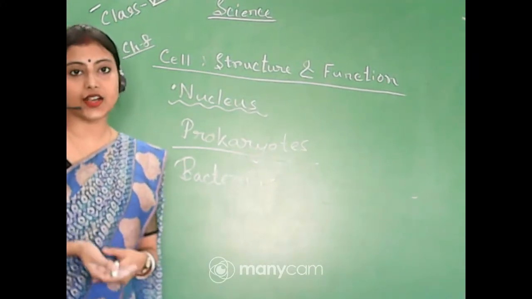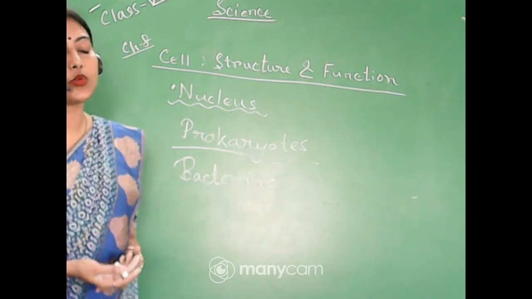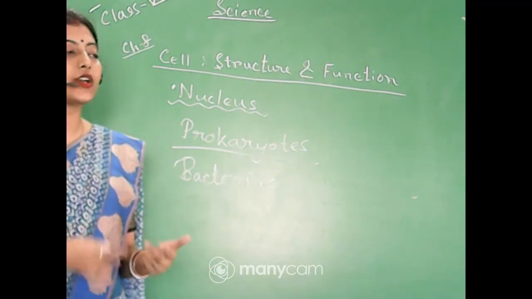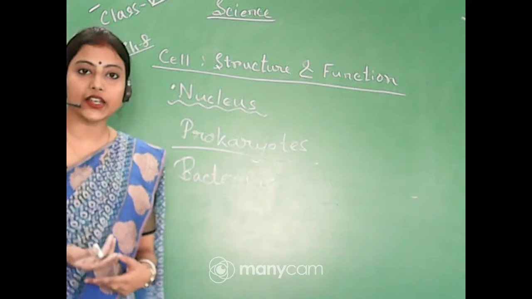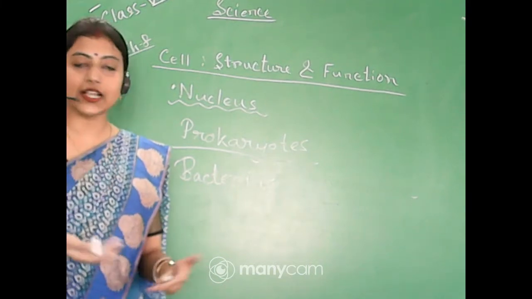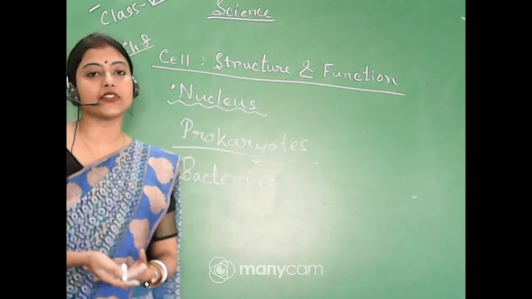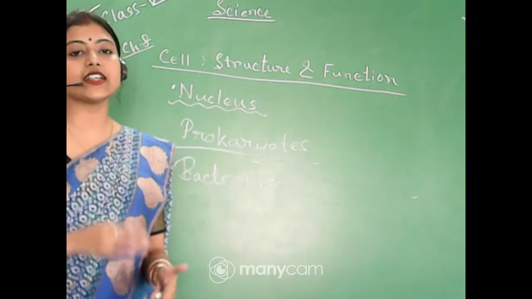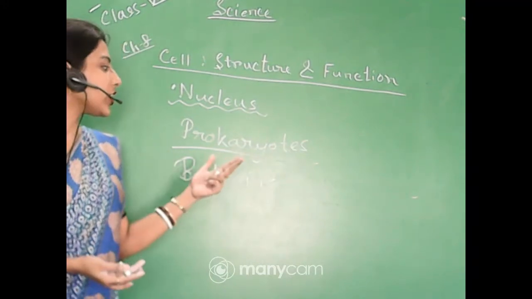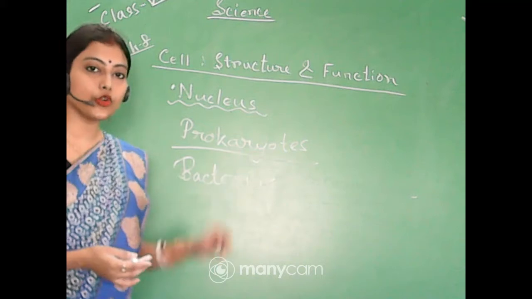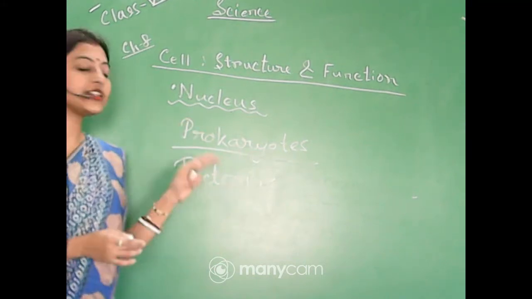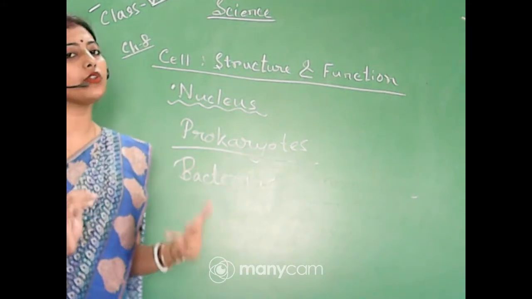In your higher classes you will have a clear idea about what the DNAs look like, or what the structures of the RNAs are, but in class 8 you will only have the idea that the DNAs or RNAs are also the genetic materials present within the chromosomes, and in case of bacteria, they are not at all well defined.